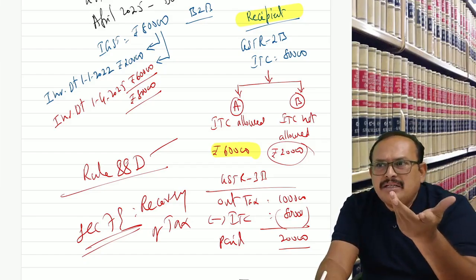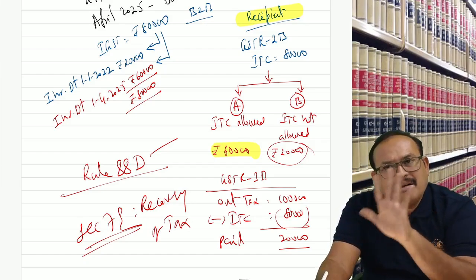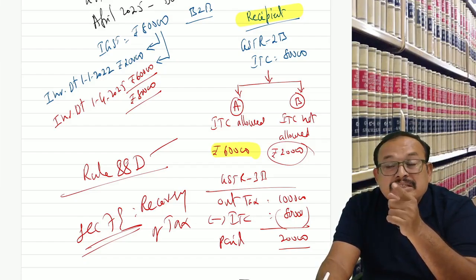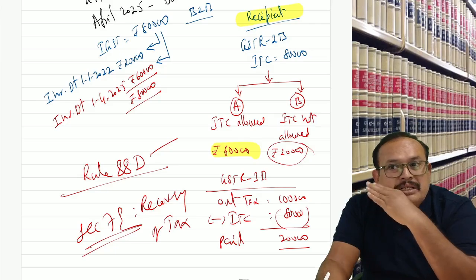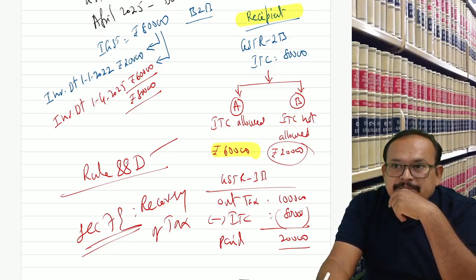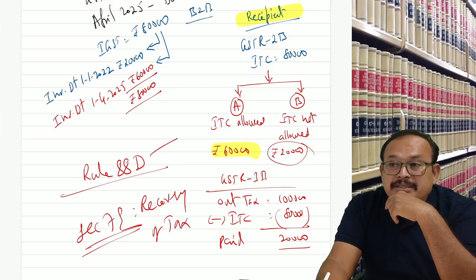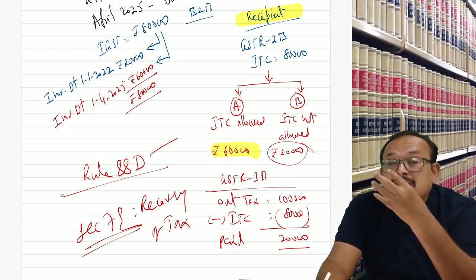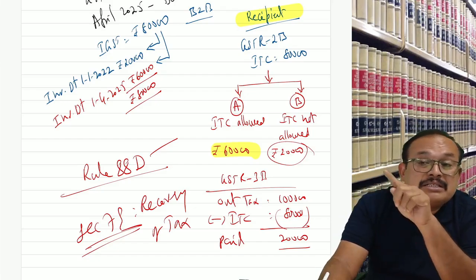If not paid, not replied, or the reply is not satisfactory, the department will further invoke section 79 and recovery of tax will be initiated. Get my point, sir? That many points are hidden in this GSTR 2B.